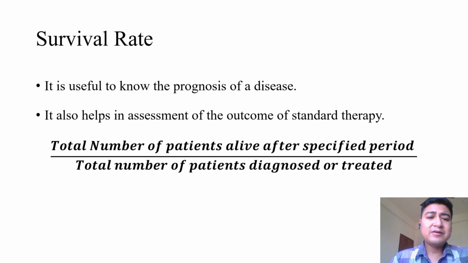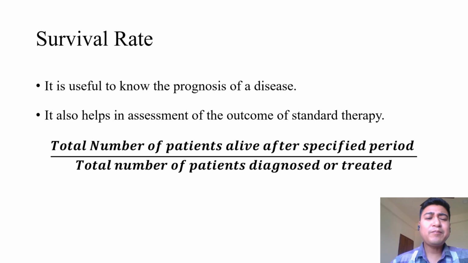Lastly, coming to the survival rate. Survival rate is useful to know the prognosis of a disease treatment. It helps us in the assessment of the outcome of the standard therapy. It is calculated by the total number of patients alive after a specified period divided by the total number of patients diagnosed or treated for that particular disease.